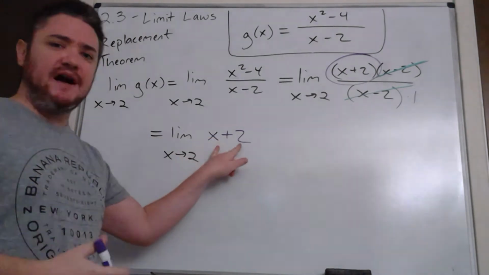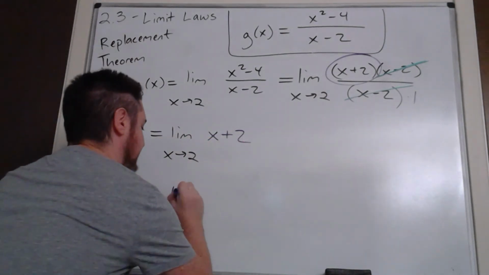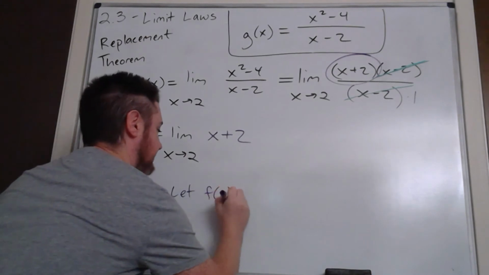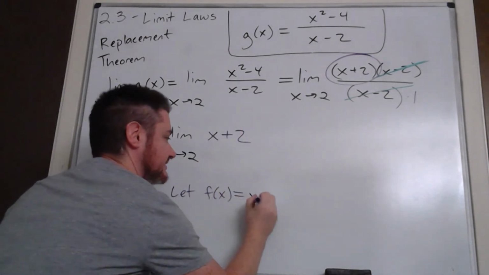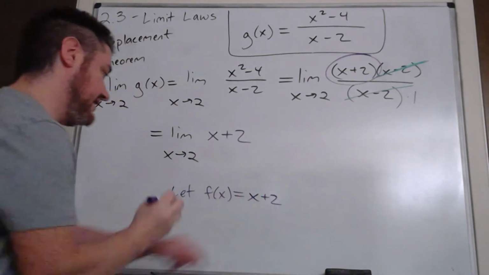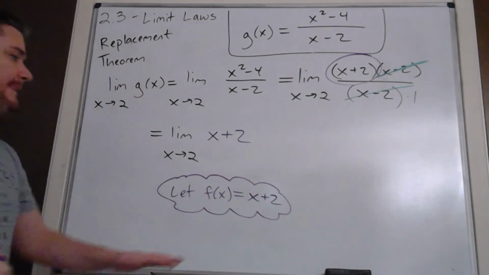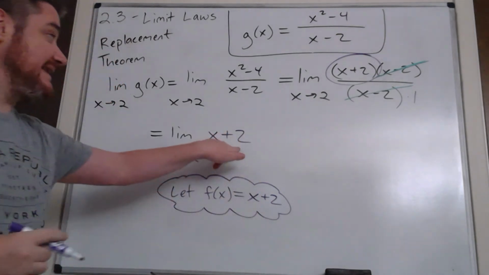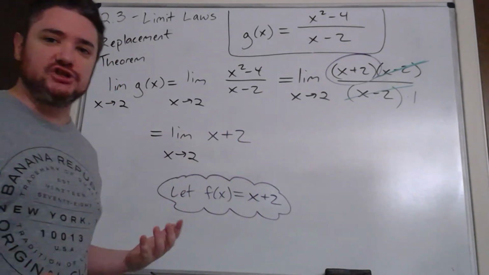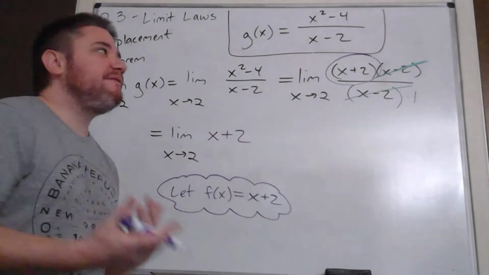I could explicitly title this guy, right? I could say down here, let f of x, since that function up there is called g, I'll call it something else. Let f of x equal this guy, right? You don't really have to do that. But I'm doing my best to indicate that what we're really dealing with is a new function here. They're going to share all function values, though.